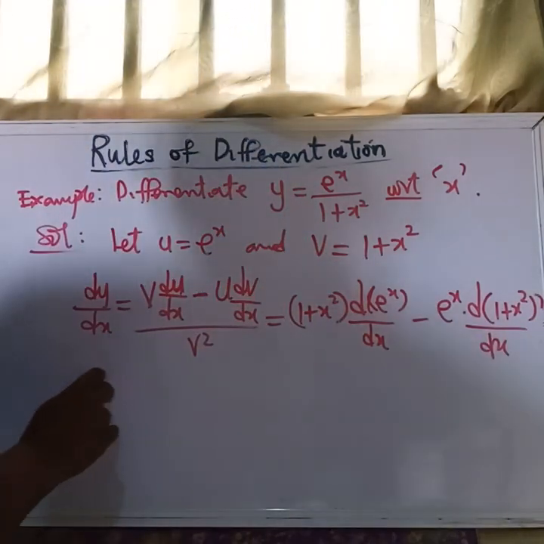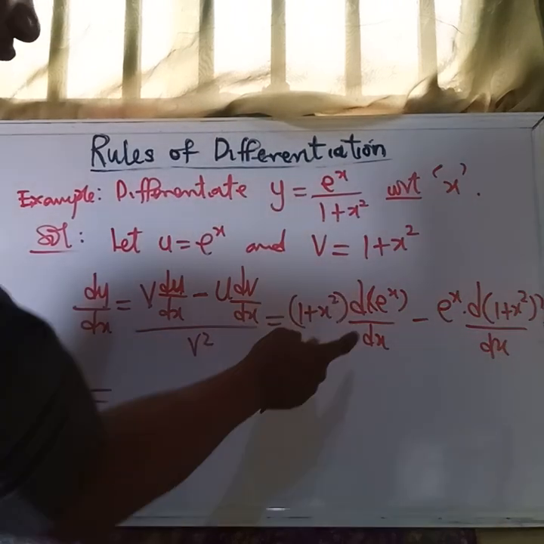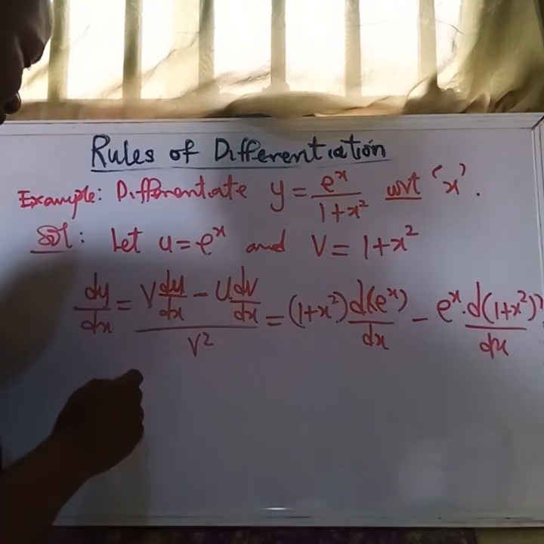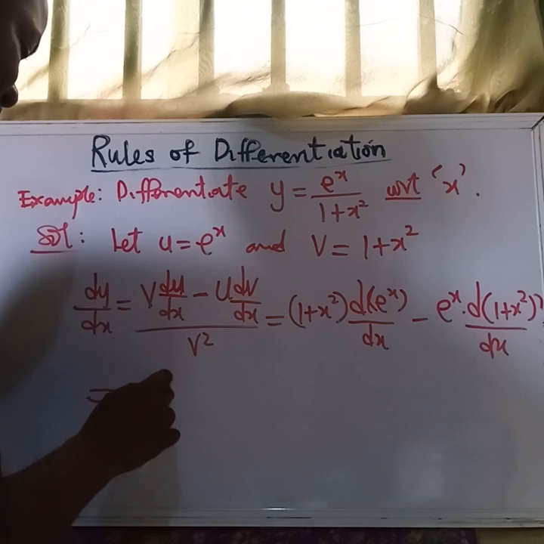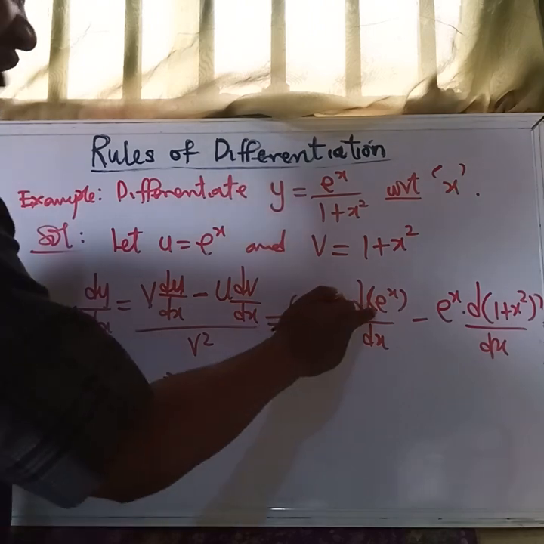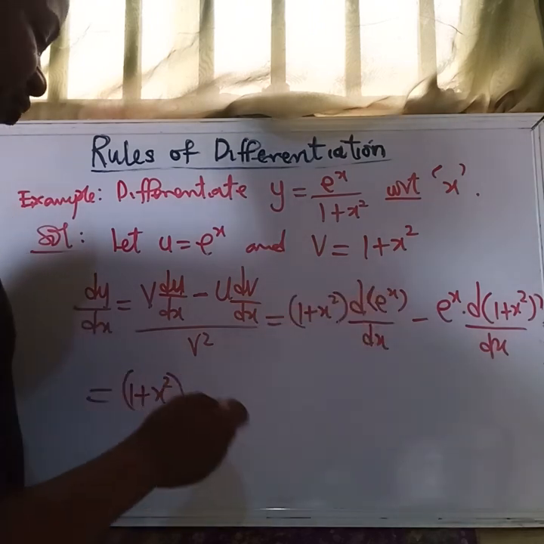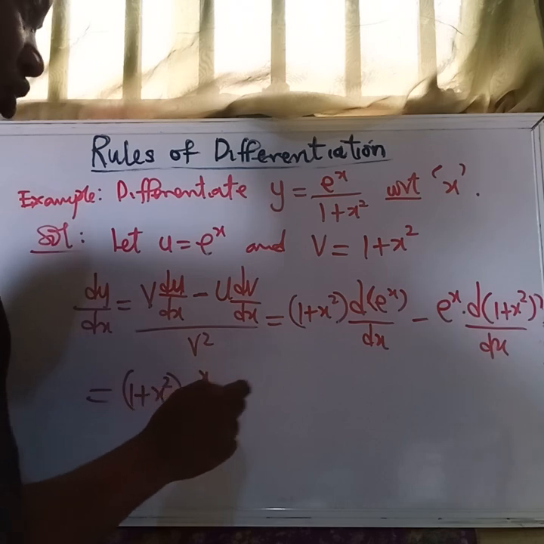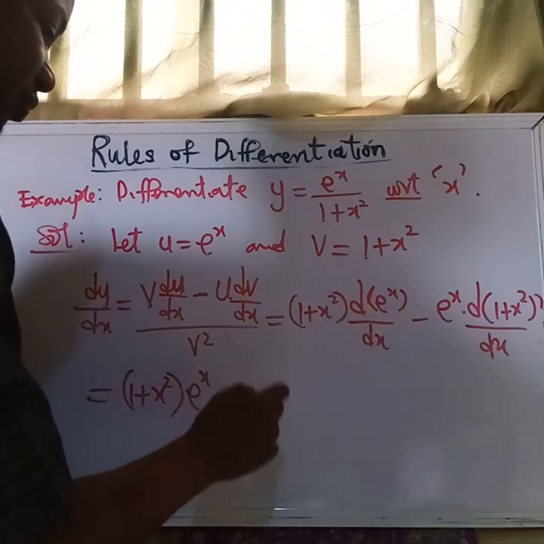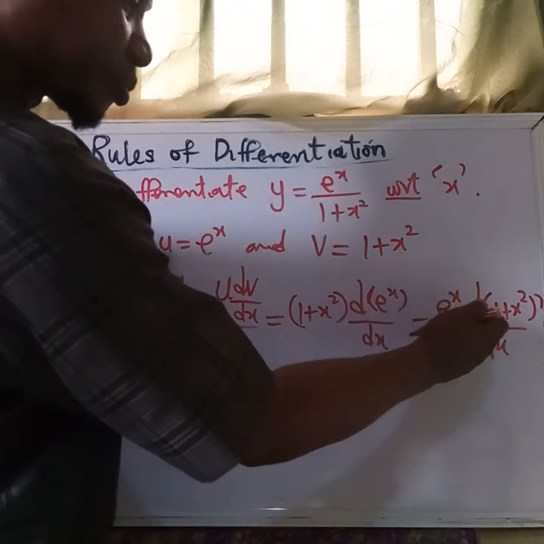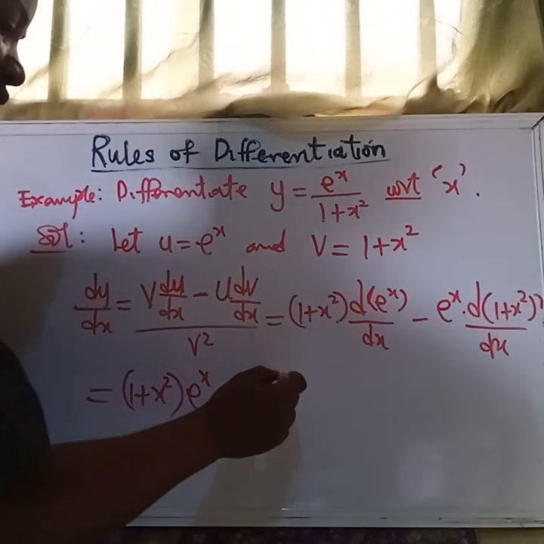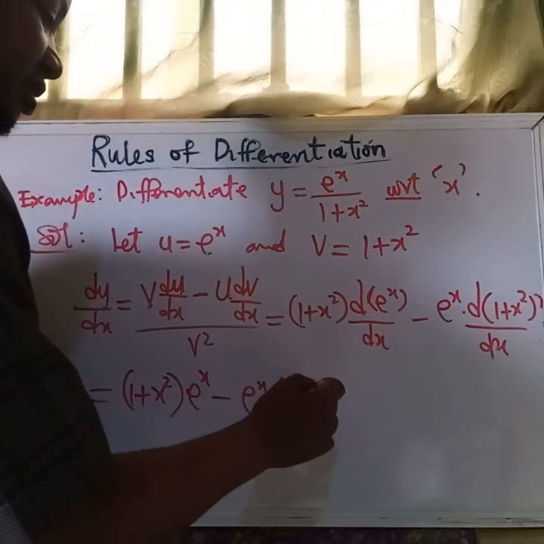Let's bring this here. There is no derivative on this function, so this remains 1 plus x squared. The derivative of exponential is exponential, so minus exponential x times the derivative of 1 plus x squared, which is 2x.